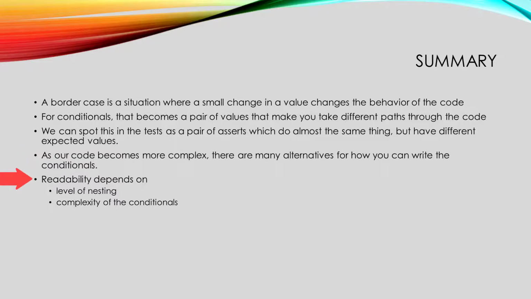When we're comparing all of those alternatives, the thing that we're going to think about is how easy is it to read the resulting code? How much does the code really express what it's doing? And that readability is going to depend on things like how deeply nested the conditional statements are and how complex the conditions in those if statements are.